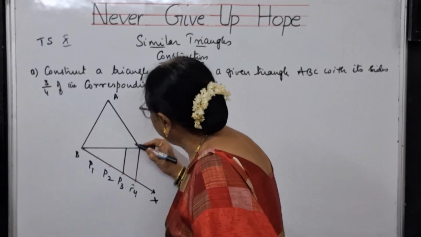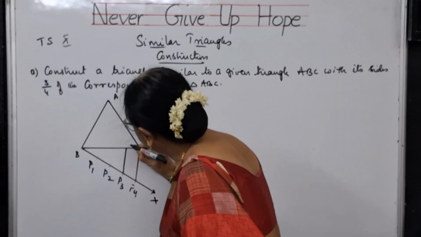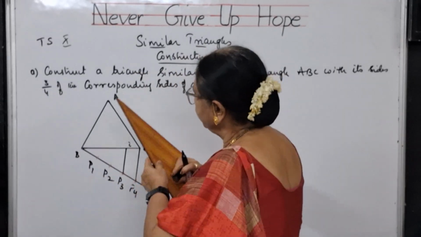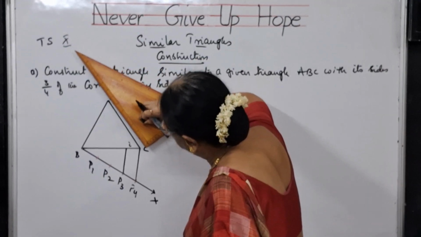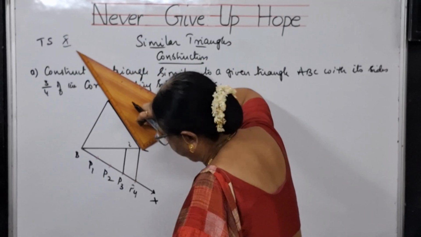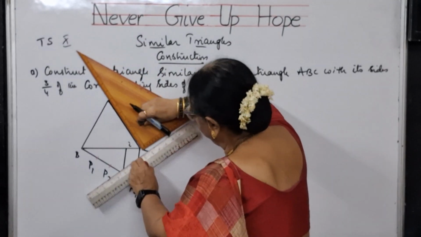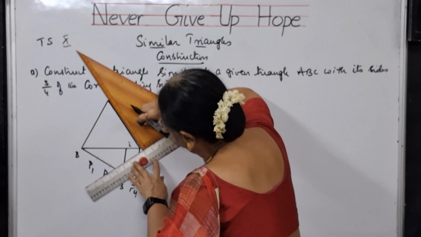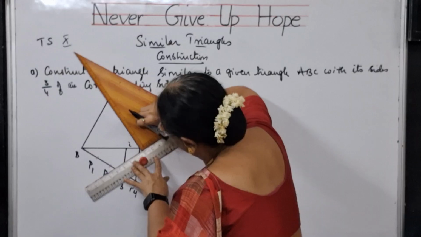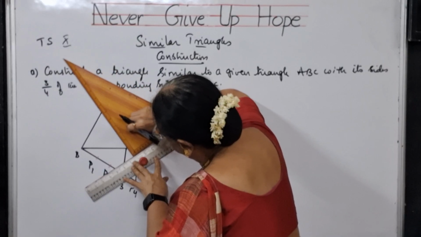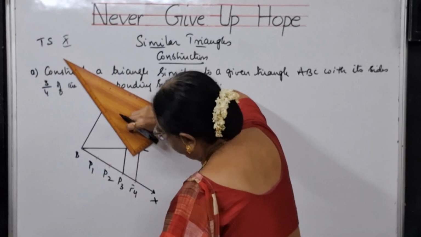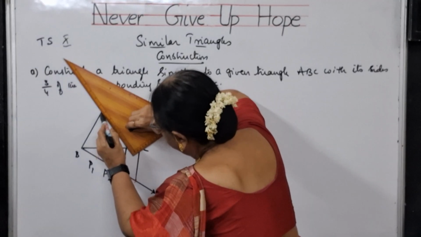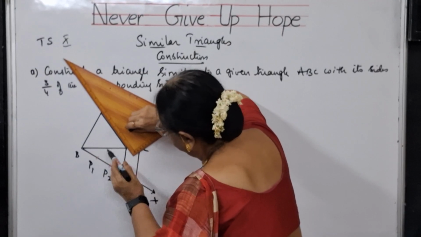So let me call this point C dash. After getting C dash, now upon AC you keep the set square and a scale, or if you want you can take another set square and pull it like this till it touches C dash. Then draw a line like this.